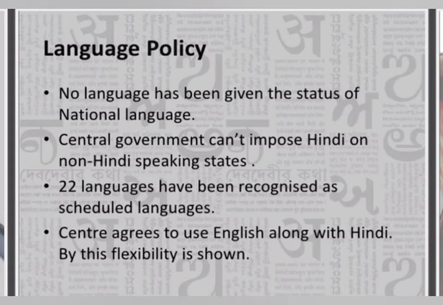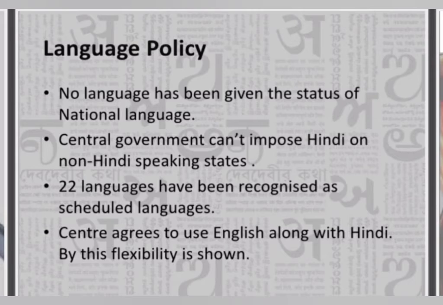So our constitution recognizes 22 languages as scheduled languages, and the regional governments, that is of various regions, for example, in Punjab, the state government has the provision to do its official work in the official language, that is Punjabi.